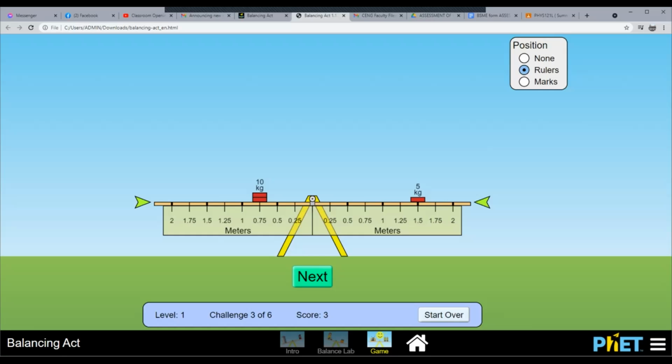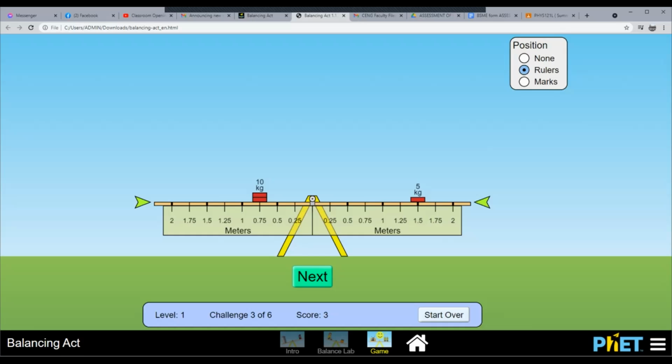What is? Yung 5 kilogram po is doble nung 10 kilogram. So yung 0.75 po is kailangan din i-doble naman dun sa distance ng 5 kilogram. Okay. So very good analysis.